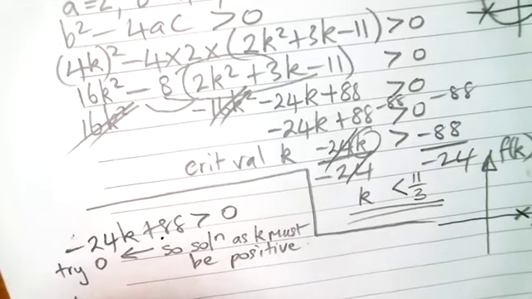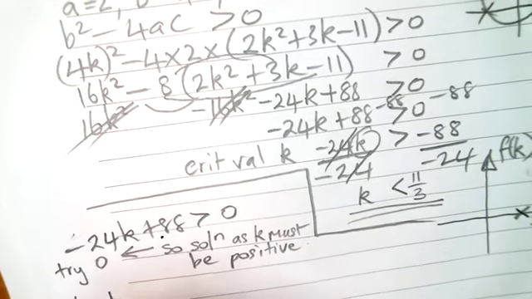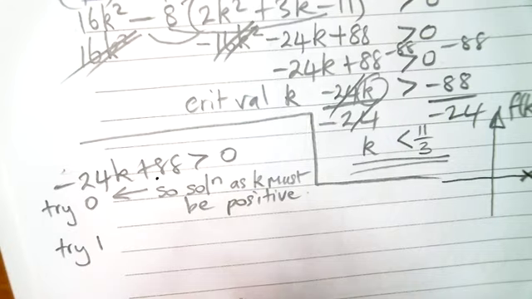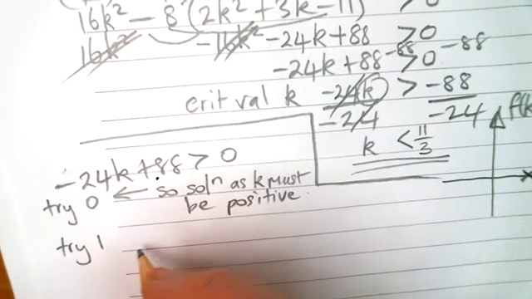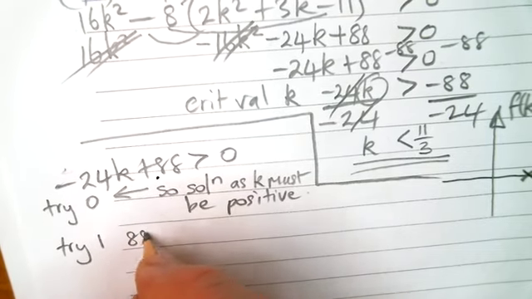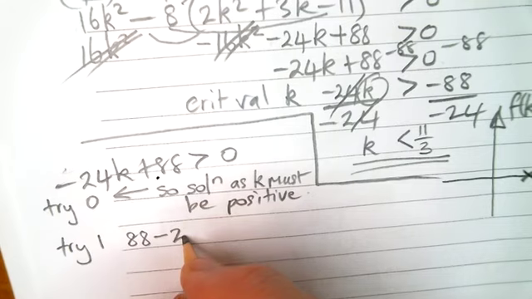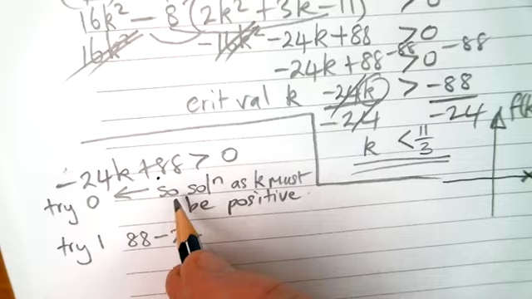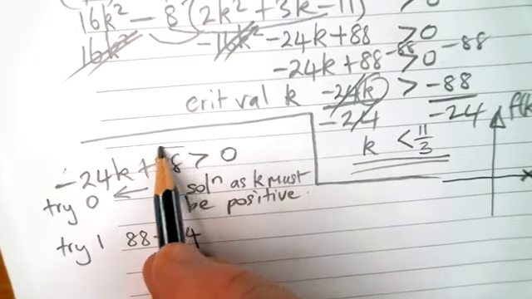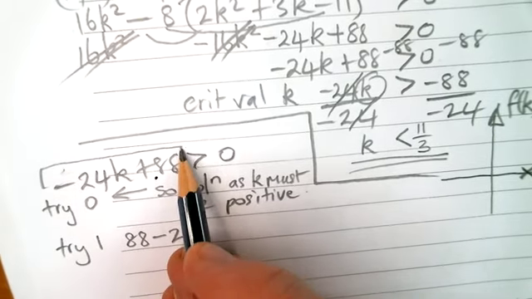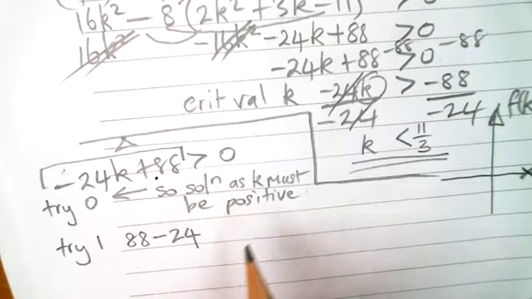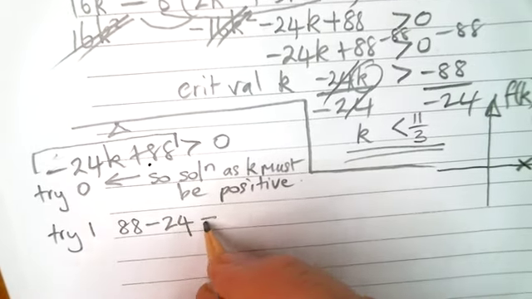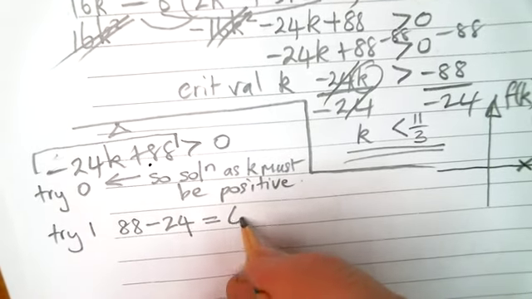What about trying a 1? Let's try 1. So this is going to be 88 minus 24. Now, this thing here is the discriminant. That is the discriminant. So now this is going to equal 64.